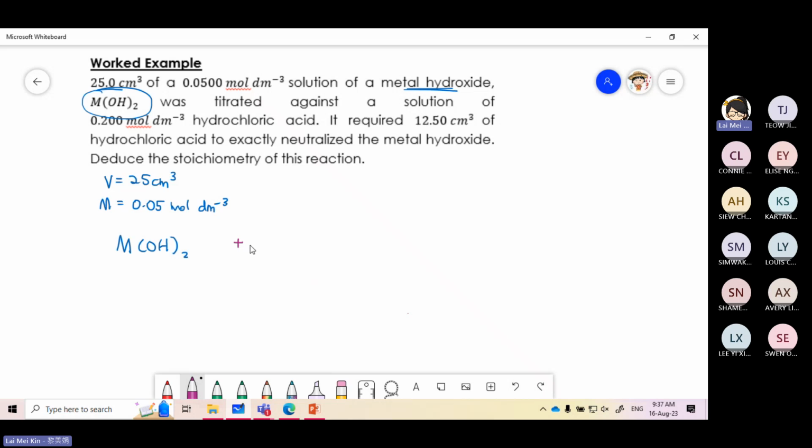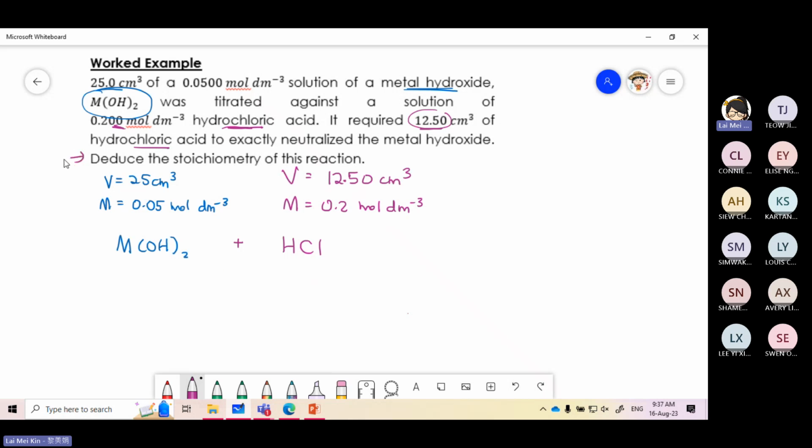When I titrate against something, that means I add something. The solution has molarity 0.2 mole decimeter cube hydrochloric acid. Hydrochloric acid, what's the formula? HCl. It requires 12.50 centimeter cube of hydrochloric acid. Deduce the stoichiometry.